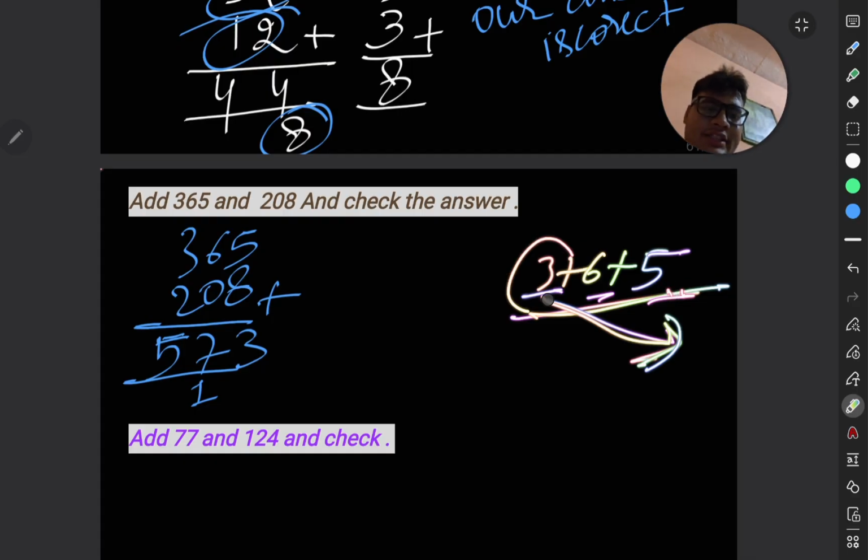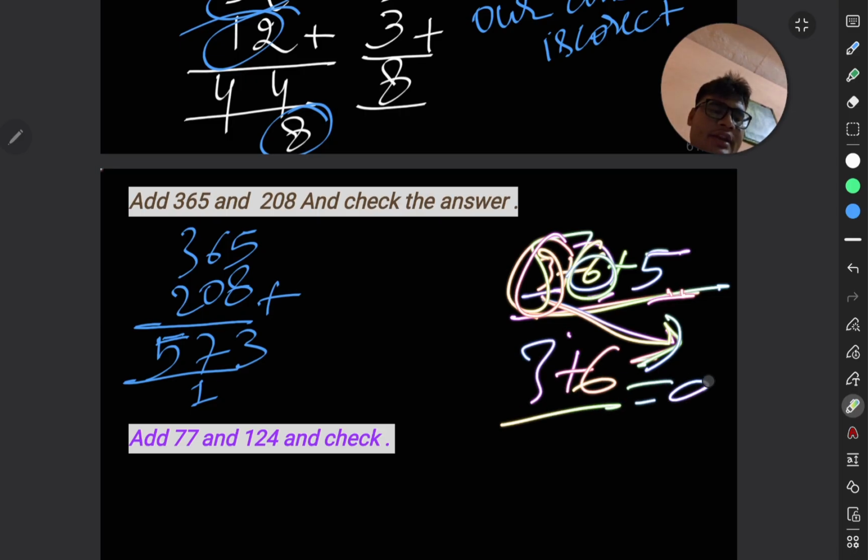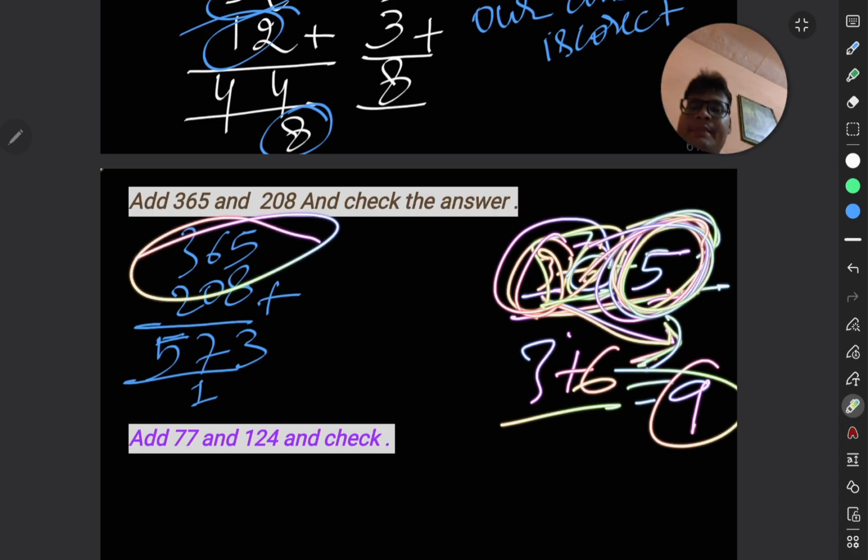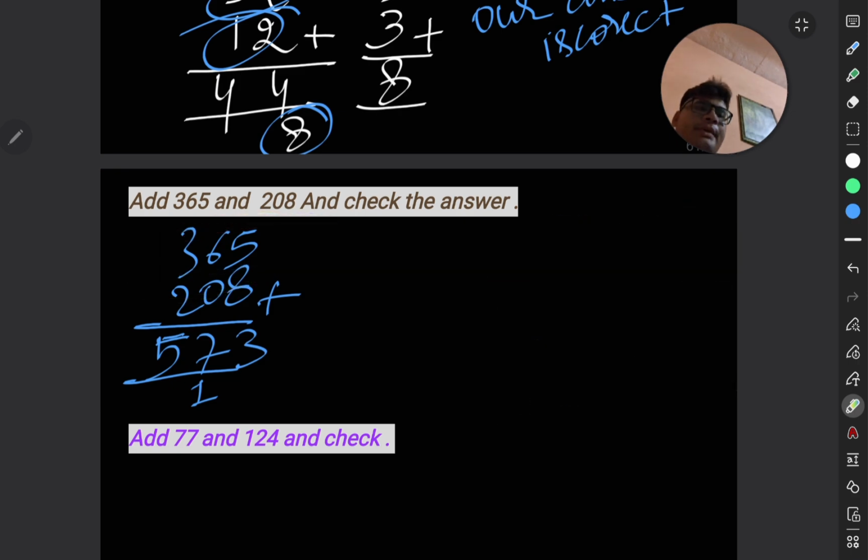So here is 3 and 6. 3 plus 6 will be 9. So we cast out these two figures, and only 5 is the remaining figure. So this is the digit sum of the upper number.